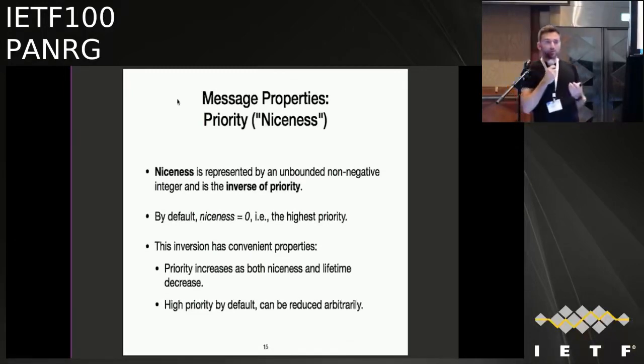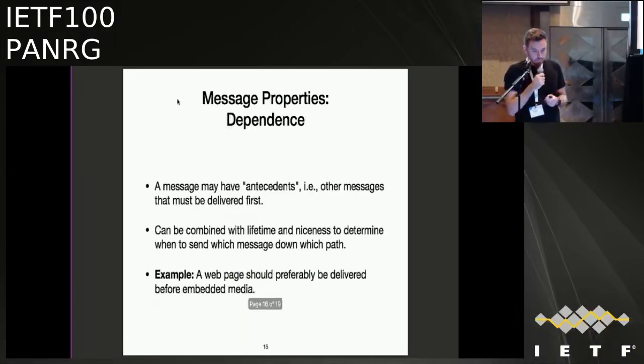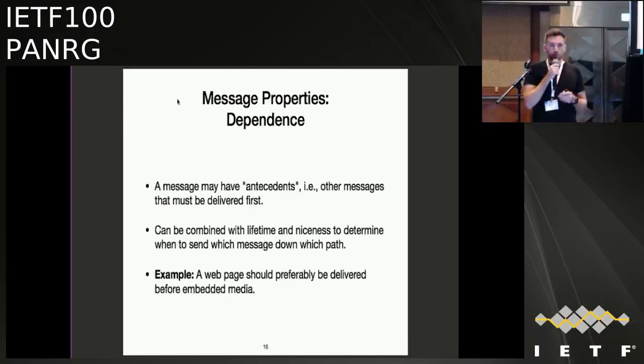By default it's 0, meaning that by default, messages should be delivered with the highest possible priority, but then it can be reduced arbitrarily. The last message property that's really relevant for path selection is dependence. A message may have antecedents, specifying whether other messages must be delivered first. For example, a web page should preferably be delivered before embedded media, such as images.